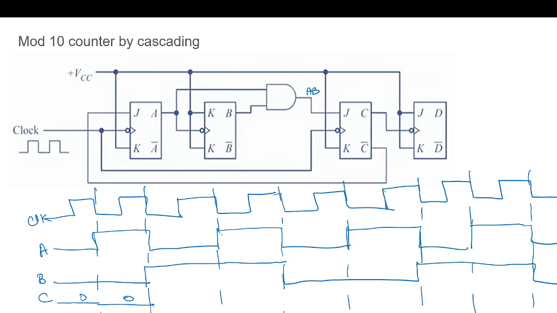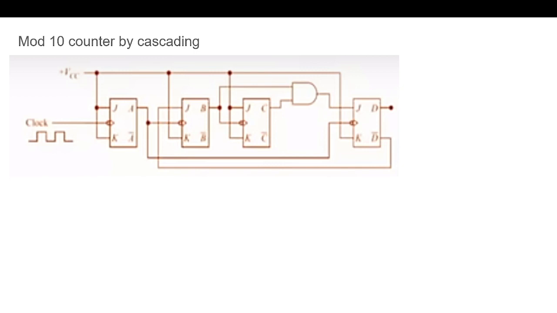It will be 0, 0, 1. And C at the negative edge of this, it should toggle. So here it will toggle. Same way if you see for this circuit, we will get BCD counter.